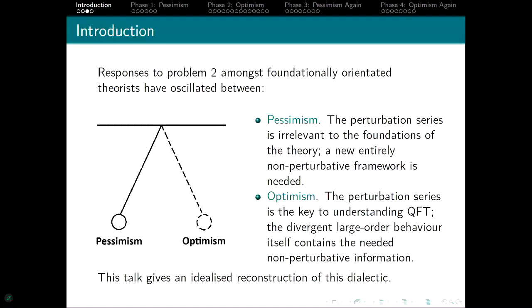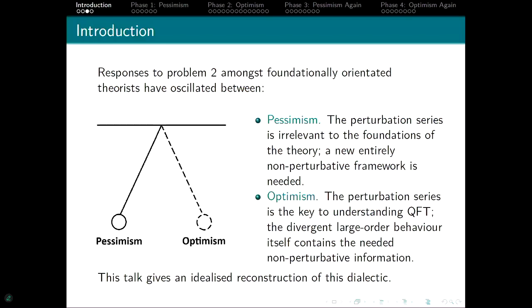That's the idea I'm going to be trying to get across: ideas about Borel summation, instantons and renormalons, which lead to an idea of the divergent large order behavior as containing non-perturbative information which is needed to complete the theory.